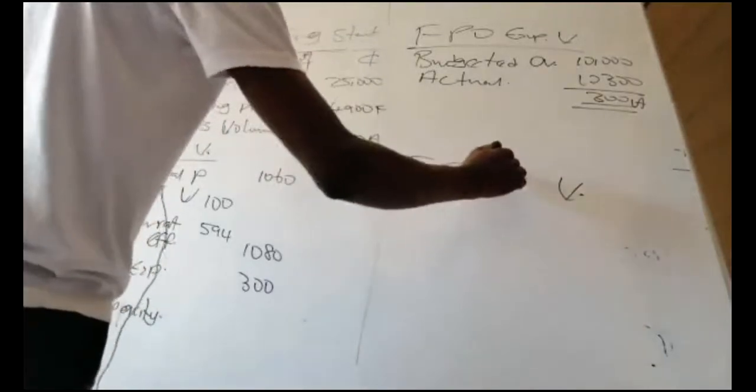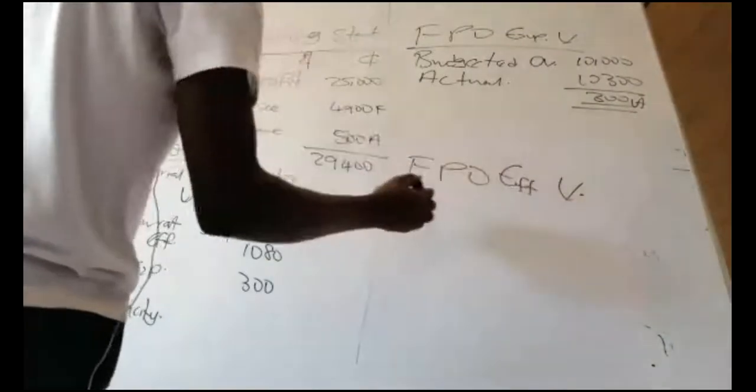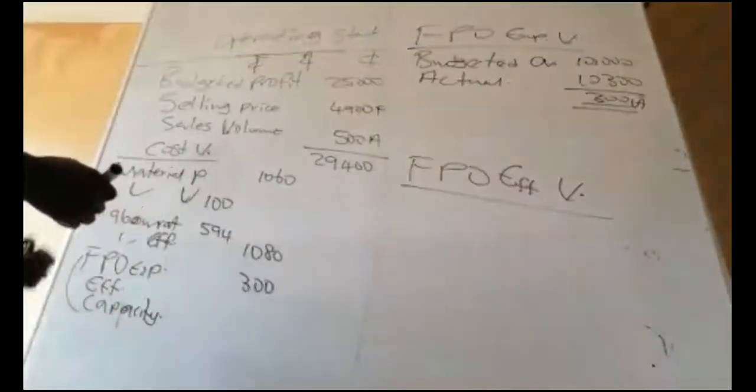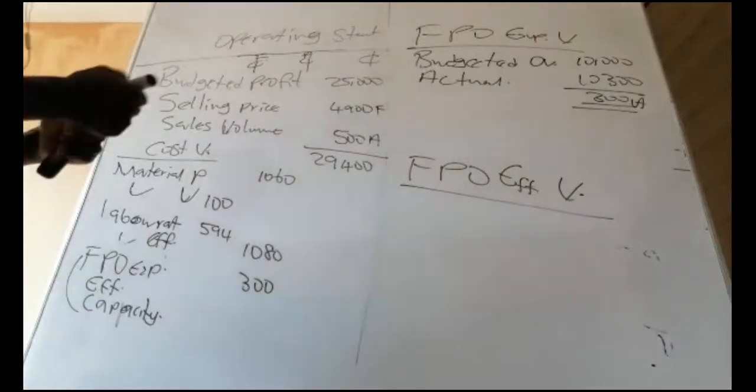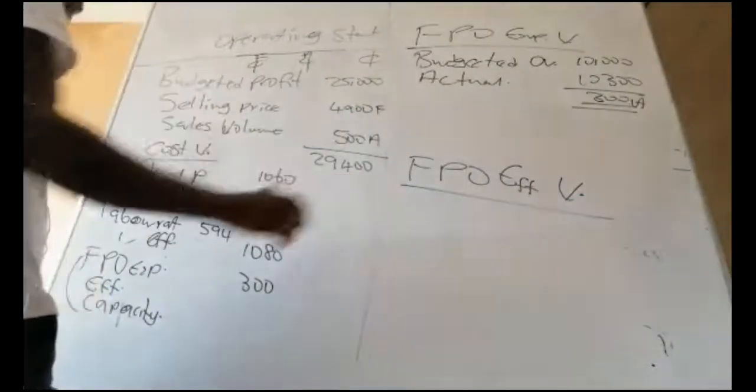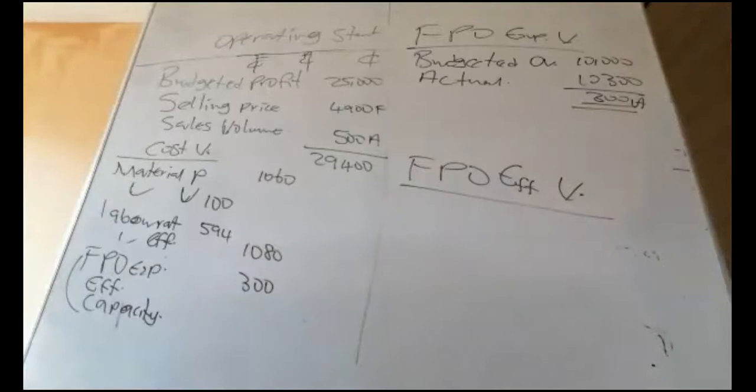That one is efficiency. Normal. You compare the standard labor hours, or the expected labor hours, to that of the actual hours.